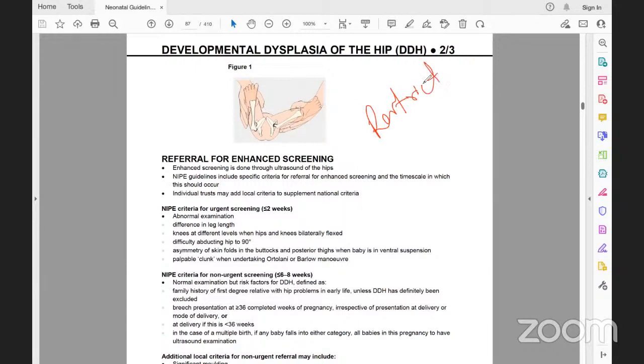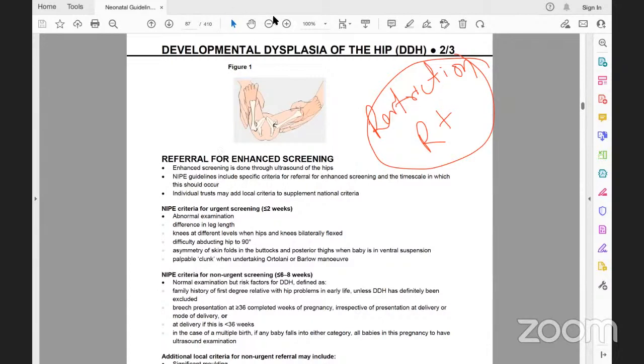Now you tell me, suppose the baby has restricted movement on the hip, you cannot do abduction on the right side. You cannot do Barlow or Ortolani because there is a restriction. The mother is saying, doctor, I cannot change the diaper because the right side is very stiff. So what will be the treatment?